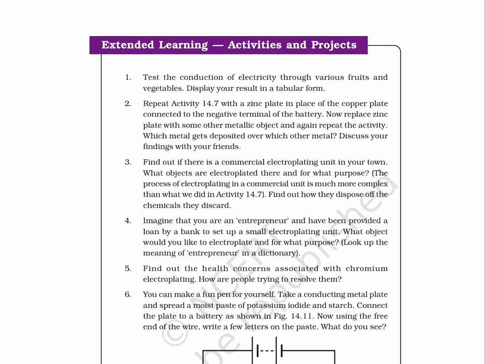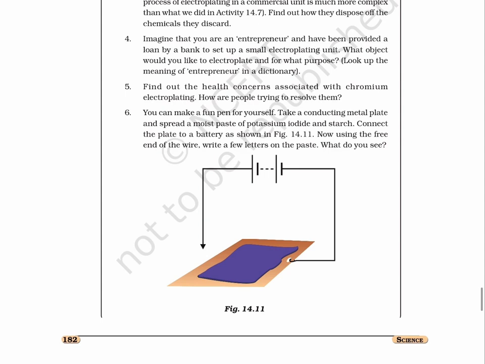Imagine that you are an entrepreneur and have been provided a loan by a bank to set up a small electroplating unit. What object would you like to electroplate and for what purpose? Look up the meaning of entrepreneur in a dictionary. 5. Find out the health concerns associated with chromium electroplating. How are people trying to resolve them?